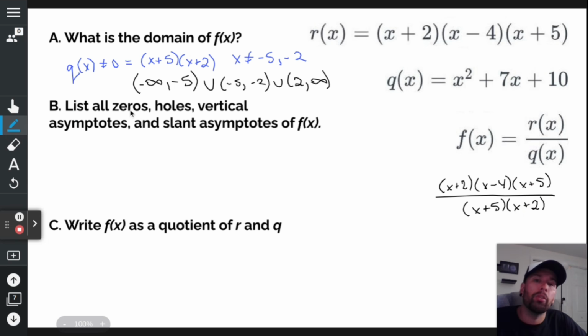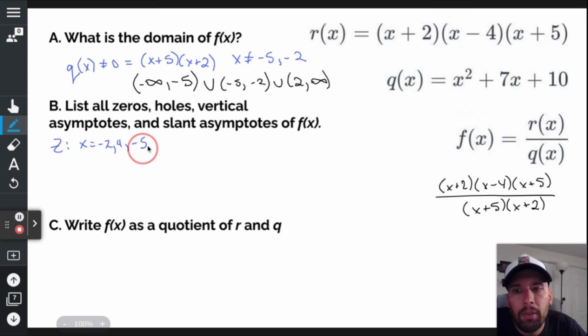List all the zeros. The zeros exist when the numerator is equal to 0. So when the numerator is equal to 0, my zeros are going to be the opposite of you. So x is negative 2, the opposite of you, 4, and the opposite of you, negative 5.